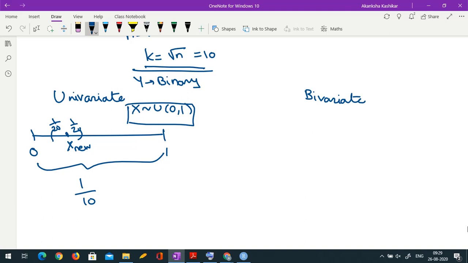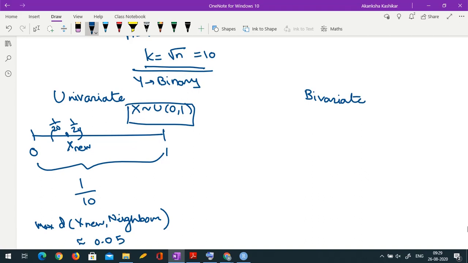So basically the maximum distance between x new and the neighbors that we consider in prediction is roughly going to be somewhere around 0.05. 1 by 20 is 0.05.